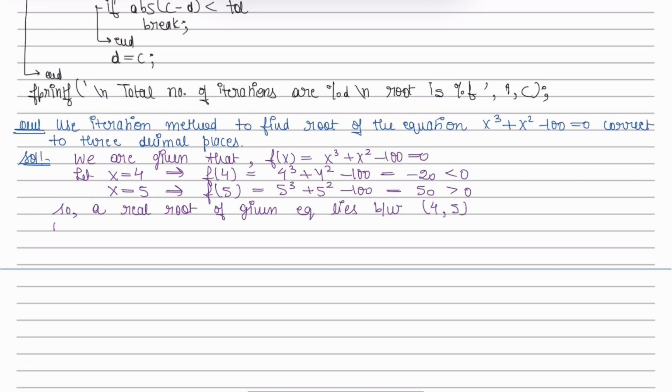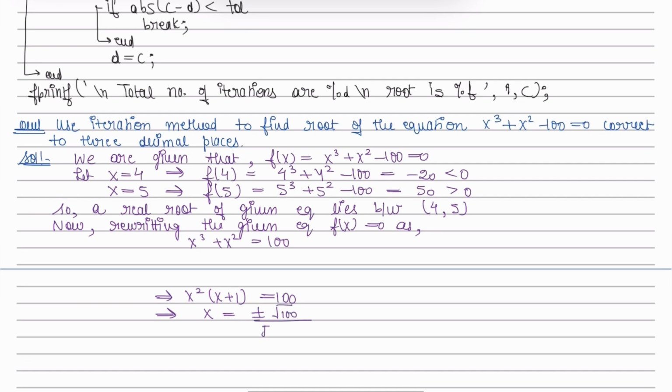Now we will rewrite the given equation f of x equals 0 as x cube plus x square on one side and taking 100 on another side, taking x square common, from here the value of x becomes plus minus under root of 100 divided by under root of x plus 1.